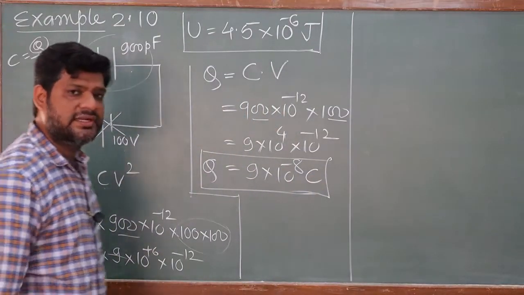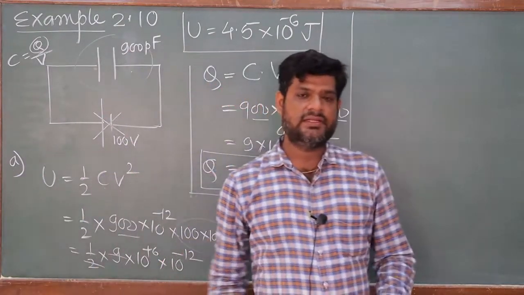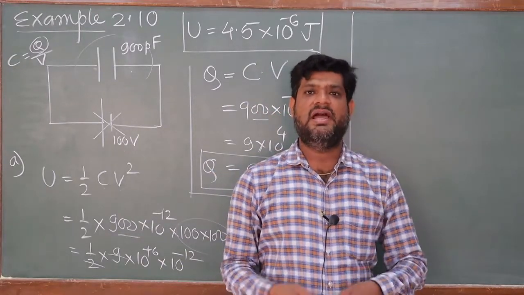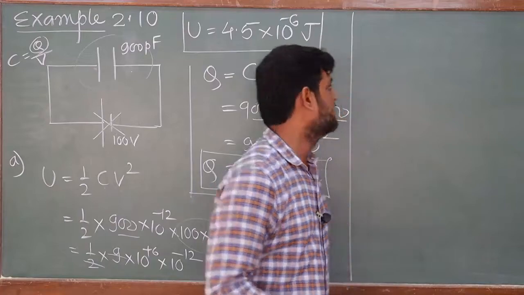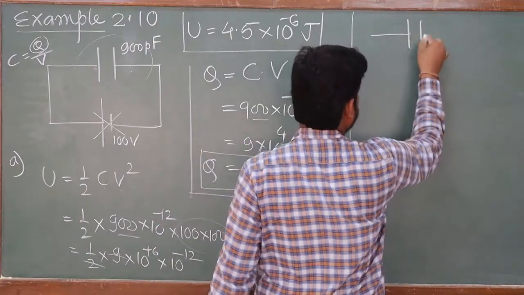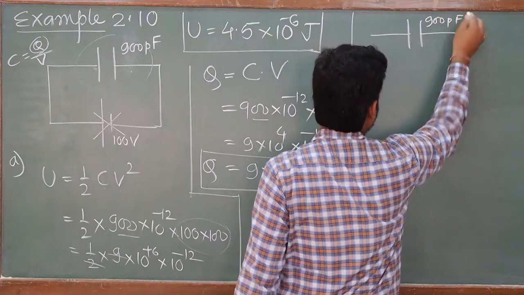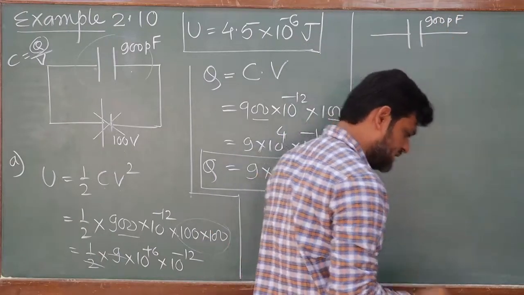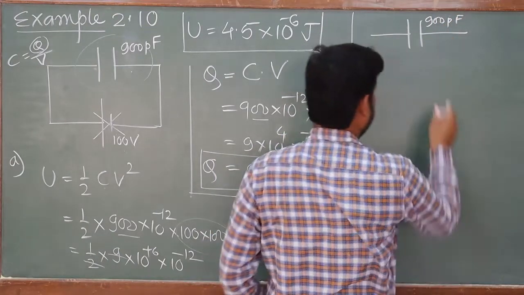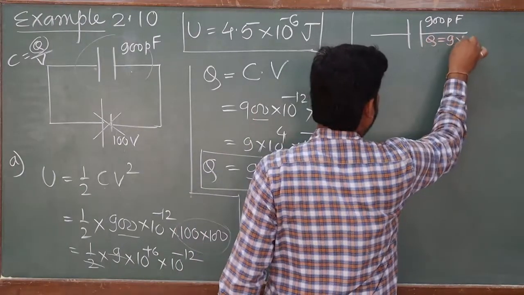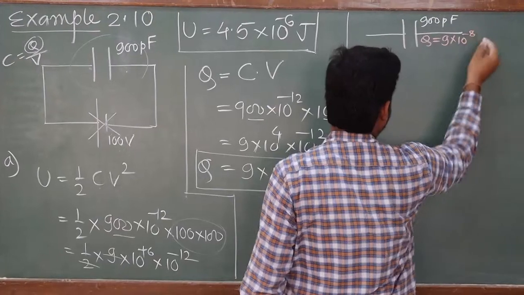What is the next part? Remove the battery and apply another capacitor of 900 picofarad. See, it was the first capacitor. Capacitance is 900 picofarad and the charge on this capacitor, as we calculated, is 9 times 10 to the power minus 8 coulomb.